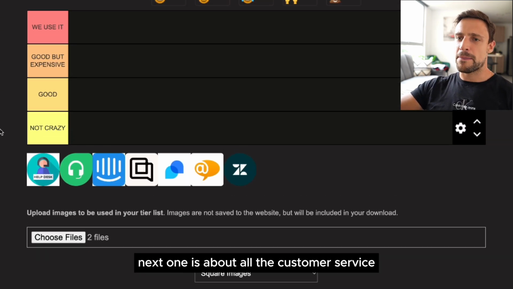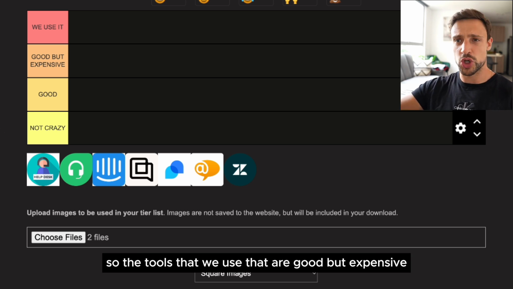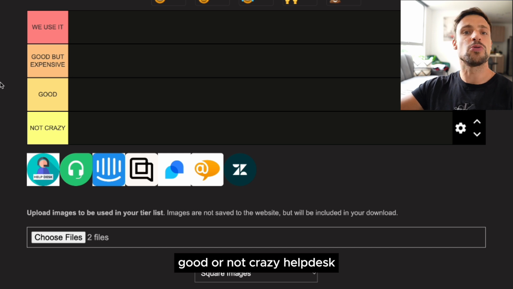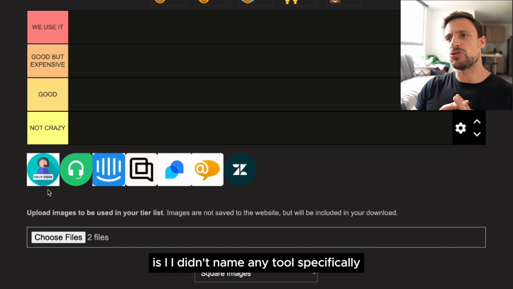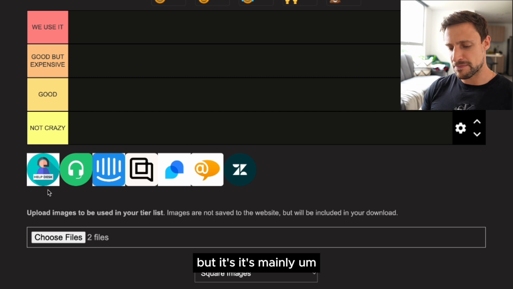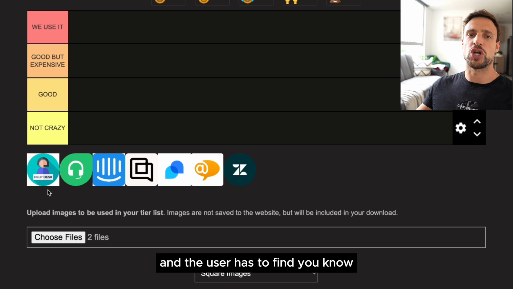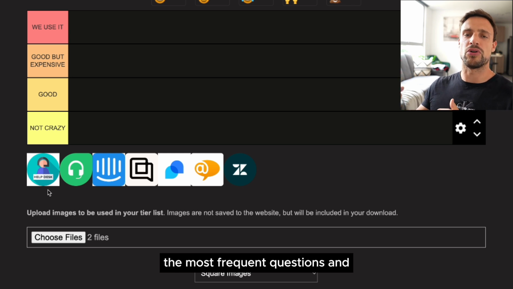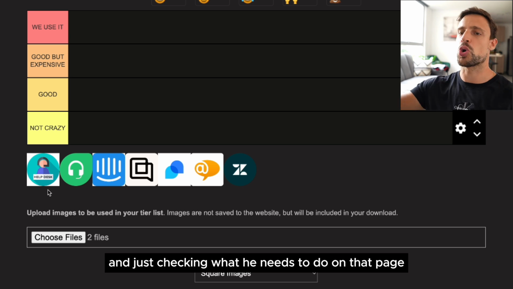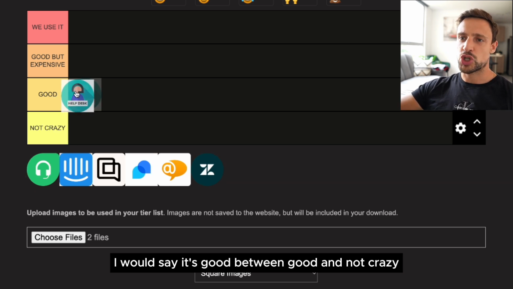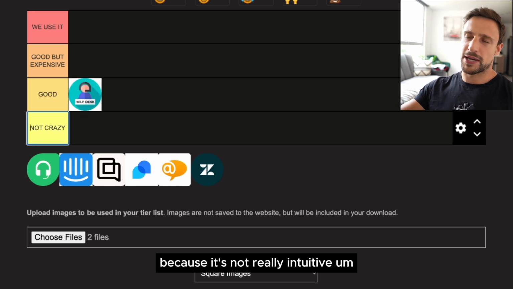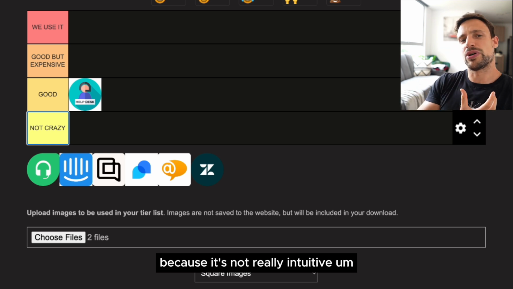Next one is about customer service, the tools that we use that are good but expensive, or good or not crazy. Help desk, I didn't name any tool specifically, is mainly when you show a sort of Q&A on a dedicated page, and the user has to find the most frequent questions and check what he needs to do on that page. I would say it's between good and not crazy, because it's not really intuitive.